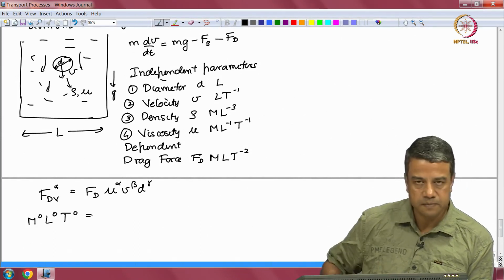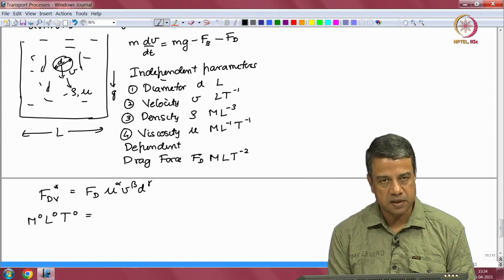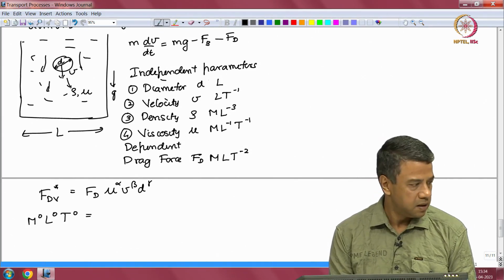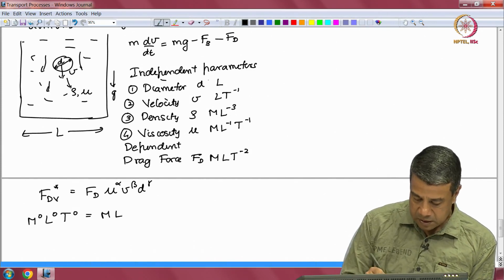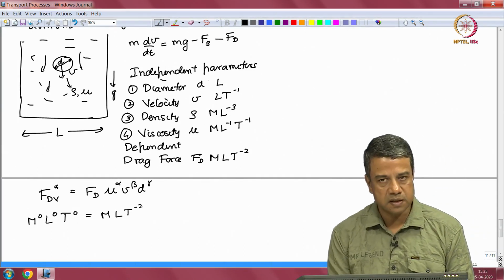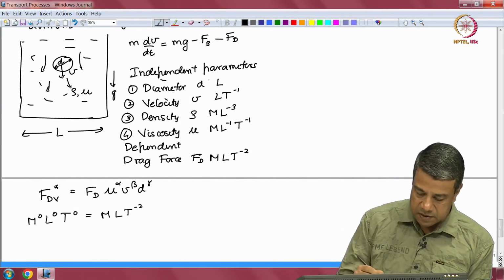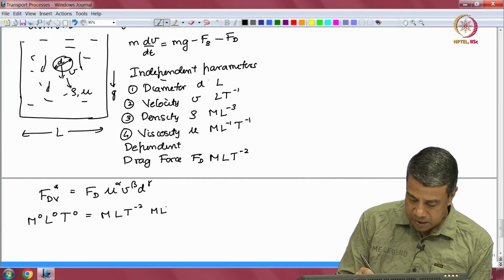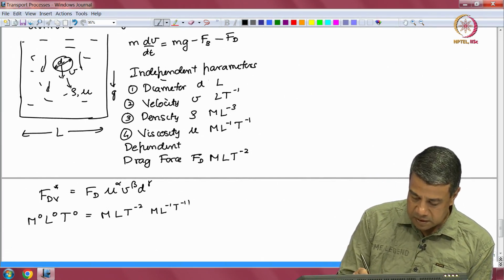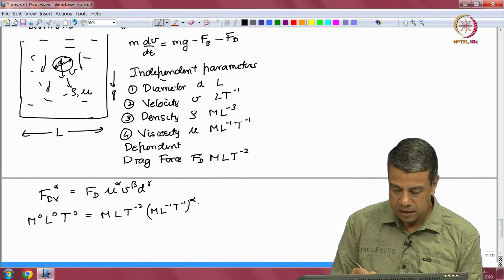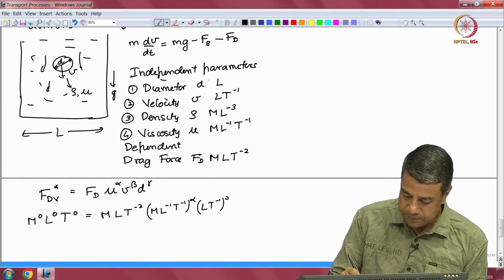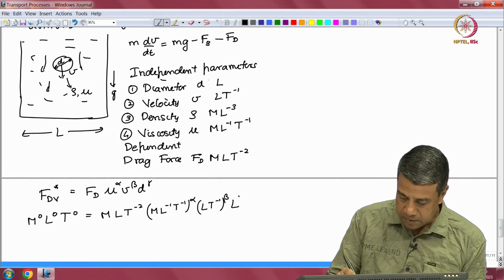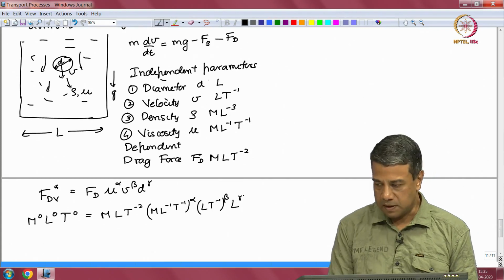The dimensional drag force has dimension of m L T power minus 2, times the viscosity per alpha, m L inverse T inverse per alpha, velocity per beta, L T inverse per beta, and the diameter per gamma, which is L per gamma.